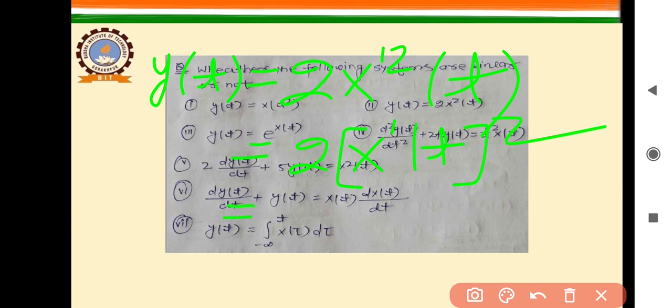So it will be equal to 2 times (x1 plus x2) whole square.